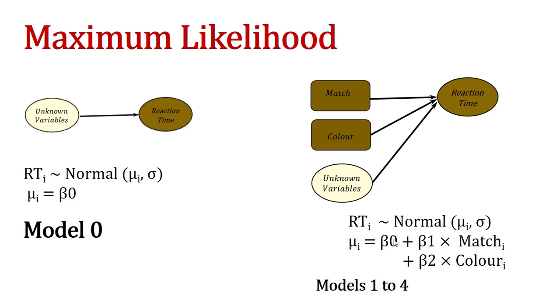Now, remember that beta 0 would be the intercept. So if the values of match and color are 0, so basically no match and black and white, that would be the expected reaction time.